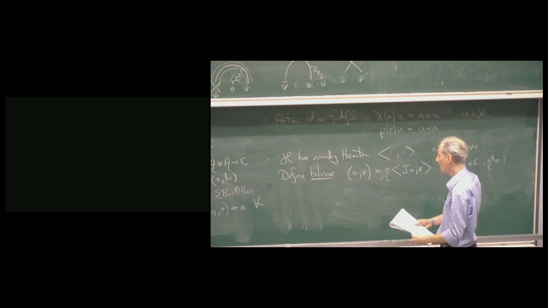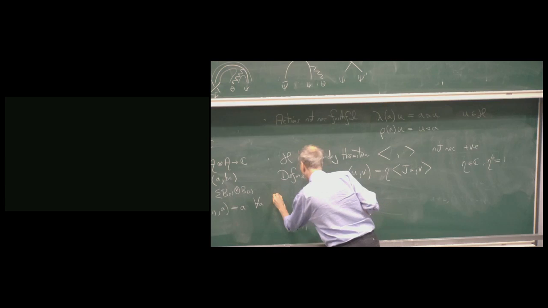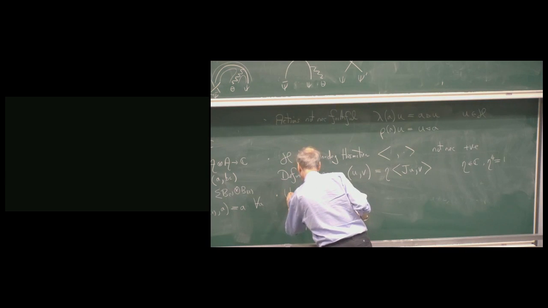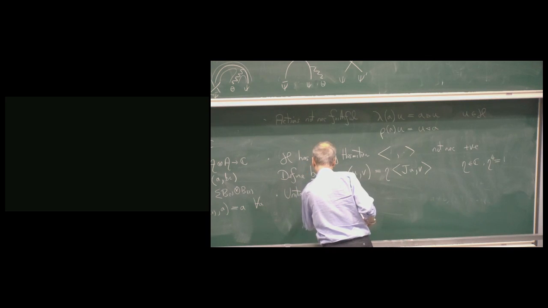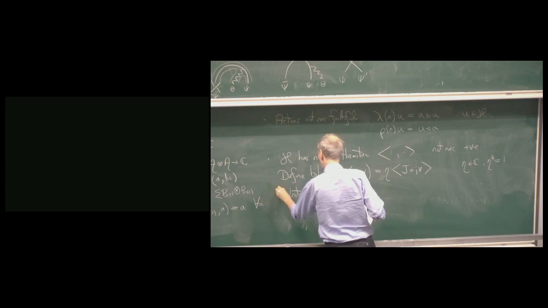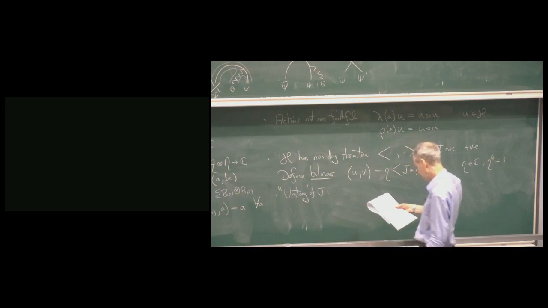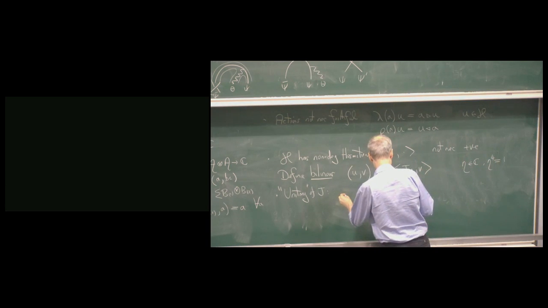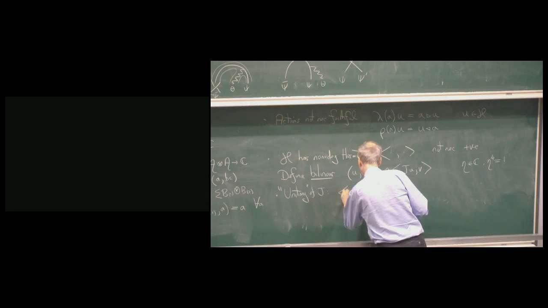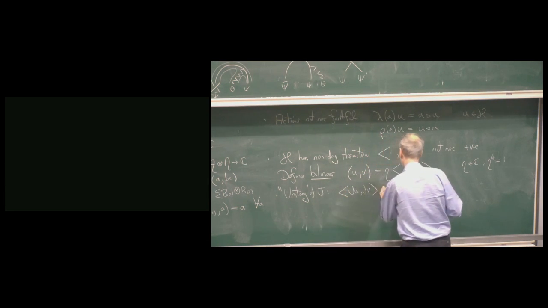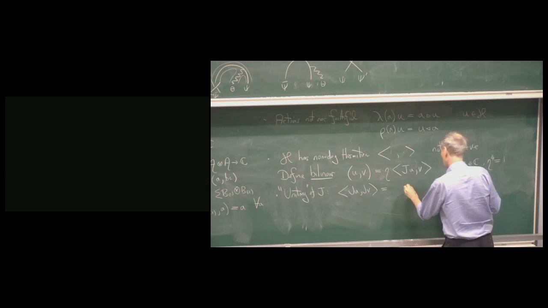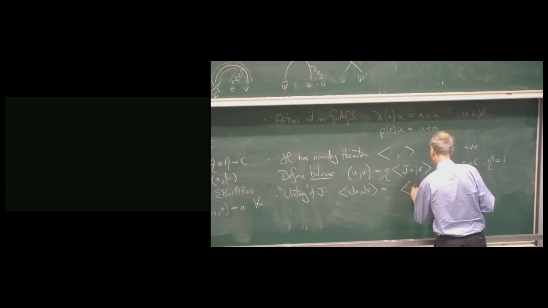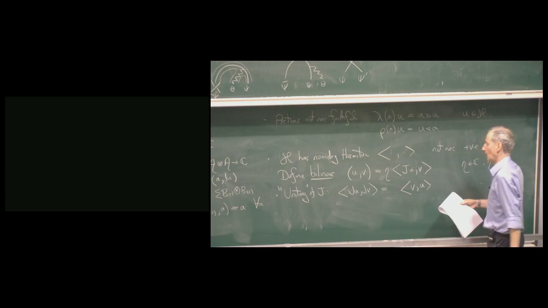Now the unitarity of J, which we discussed earlier this afternoon, is of the following form: the Hermitian product of Ju and Jv is plus or minus the product of v and u.